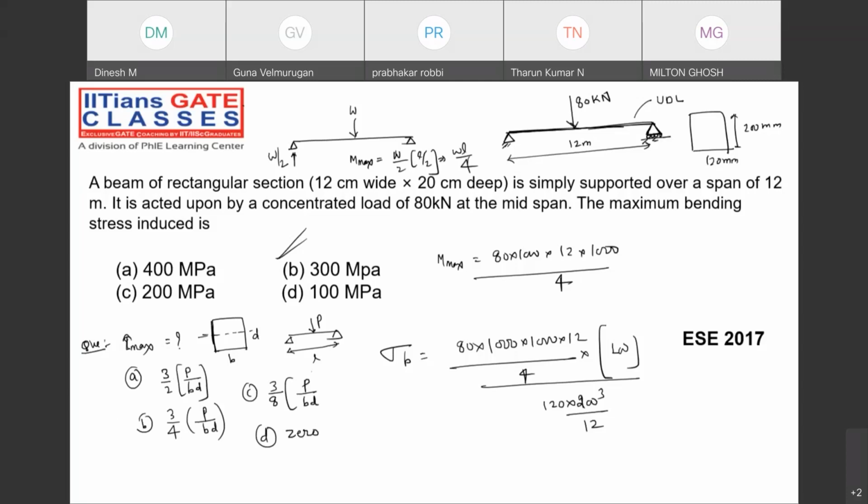Which option will be correct? Try to think and tell. Calculate. First of all, calculate. Take your time.